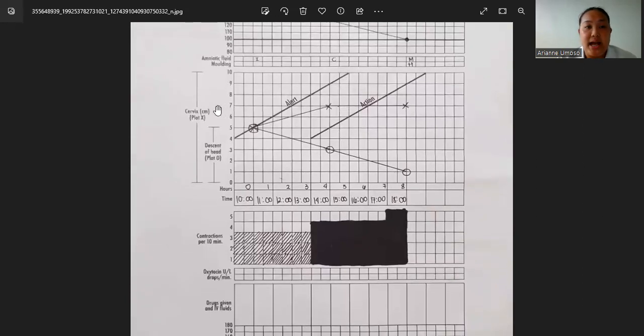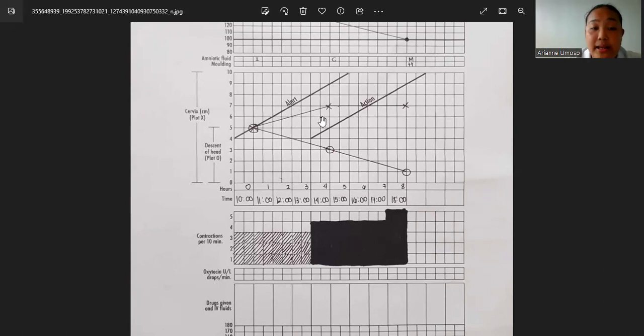So next is the cervical dilatation. Upon admission, the client is at 5 centimeters dilatation, which is the active phase. If it is satisfactory, the plotting should be on the alert line. After 4 hours, from 5 cm dilatation, it is now 7 cm, and it moves to the right side of the alert line, meaning it falls between the alert line and action line.